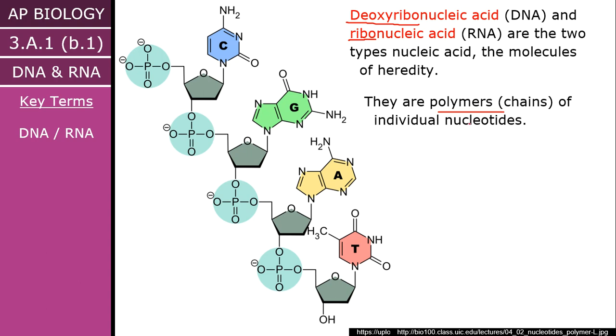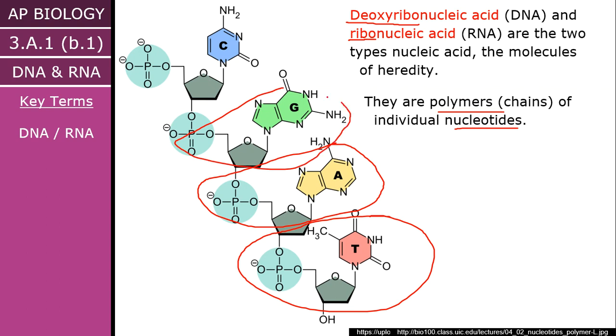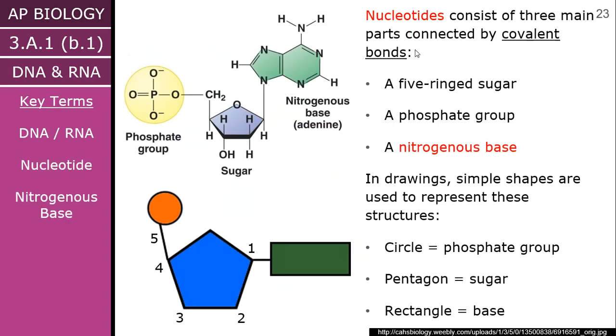Okay, so this is the same thing, except now our monomer is a nucleotide. And if you chain together a bunch of nucleotides, like I've done in this image here, so here's a nucleotide, here's a nucleotide, here's one, and here's one. That is a chain of nucleotides called a polymer. And when they're nucleotides and you chain them together, we make a nucleic acid. Okay, so that's one of the four major biomolecules.